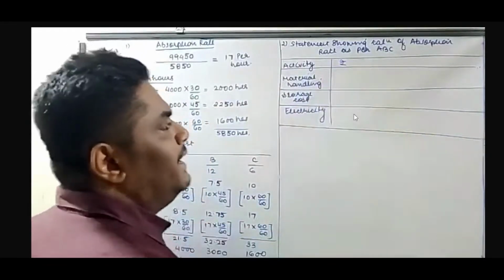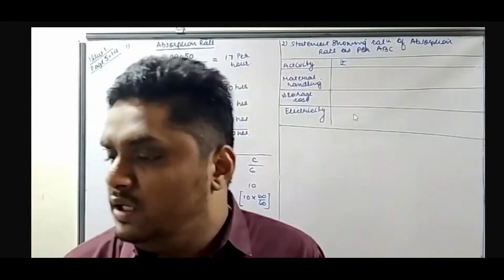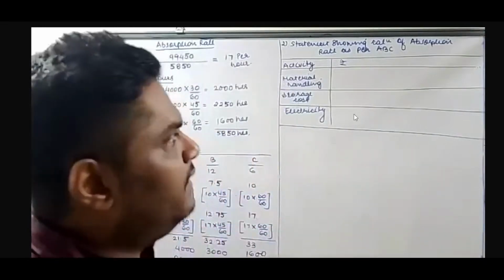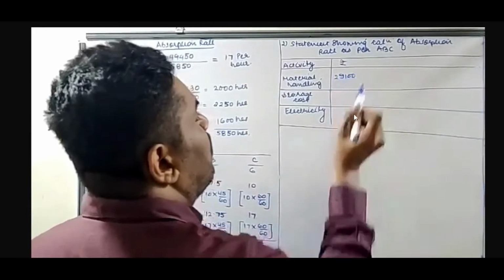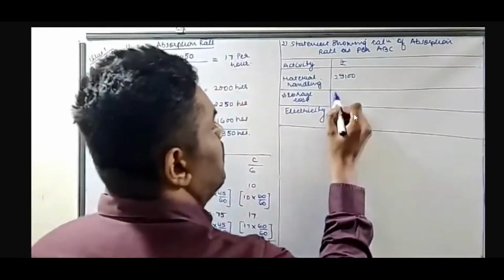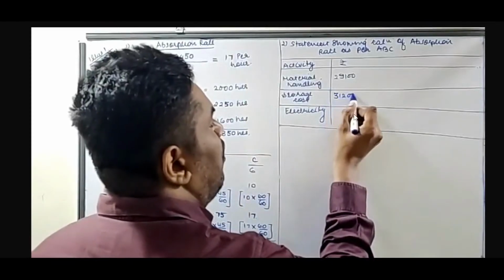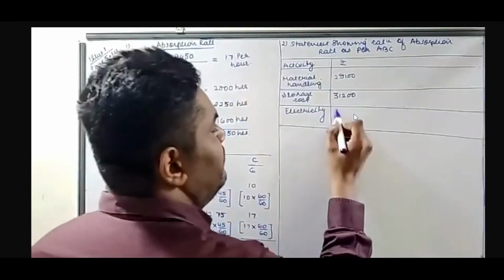The amount relating to a particular activity is 29,100, 31,200, and 39,150.